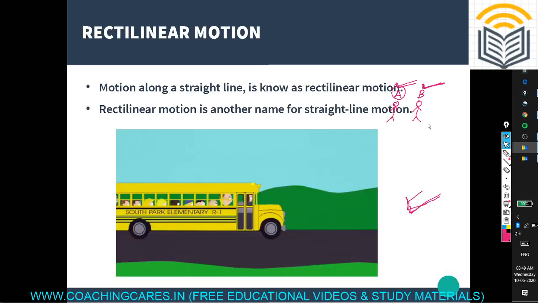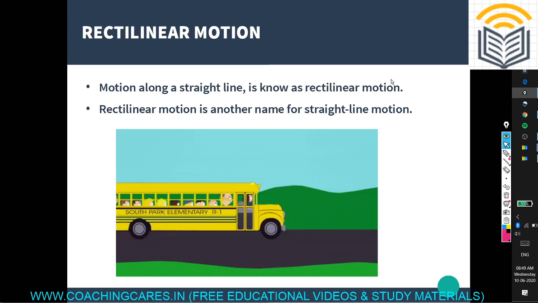Now, there is a term rectilinear motion. Motion along a straight line is known as rectilinear motion. What is the meaning of rectilinear? Rectilinear means straight line. Any object or any person which is moving in a straight line is in rectilinear motion.